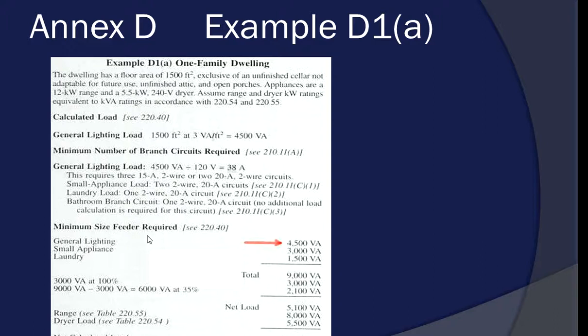But here is what we're going to be talking about, this general lighting load. That's based on the square footage of the occupancy. In this case, it's based on the square footage of a dwelling that's 1,500 square feet.